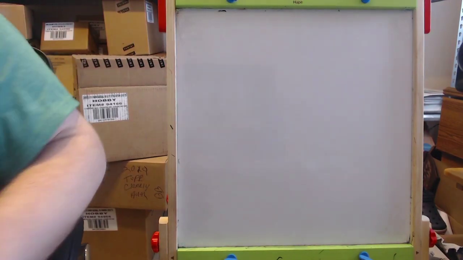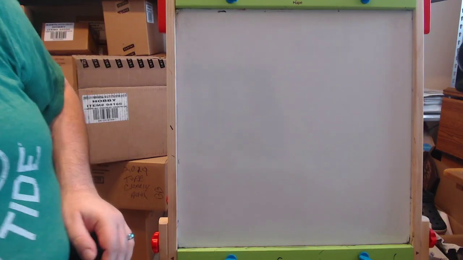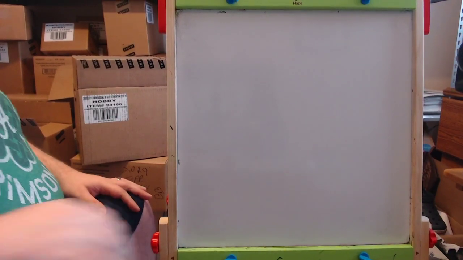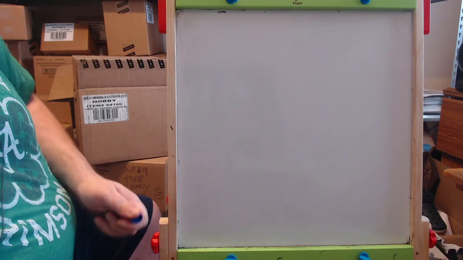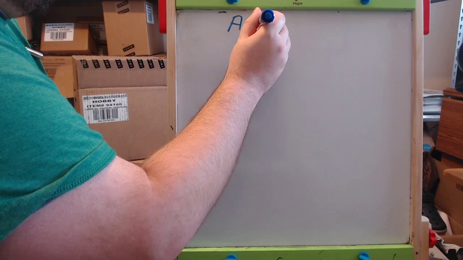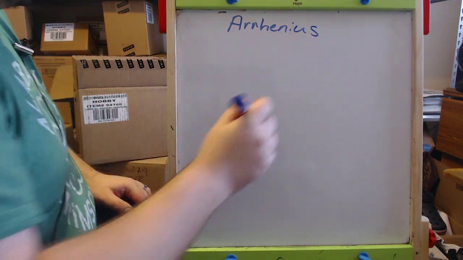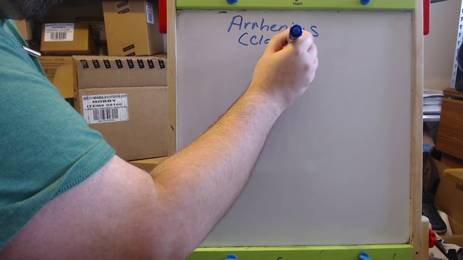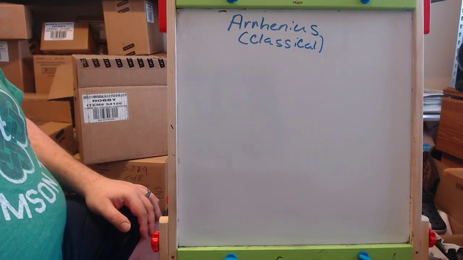There are two or three definitions we're going to talk about for acids and bases. The first one is known as the classical definition or Arrhenius definition, and your book uses the Arrhenius definition for acids and bases, also known as the classical definition.